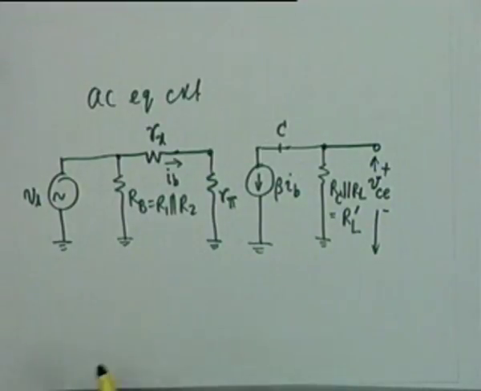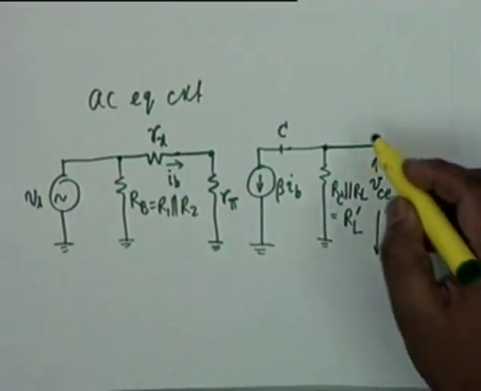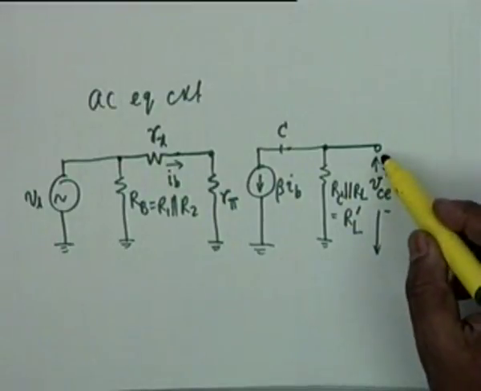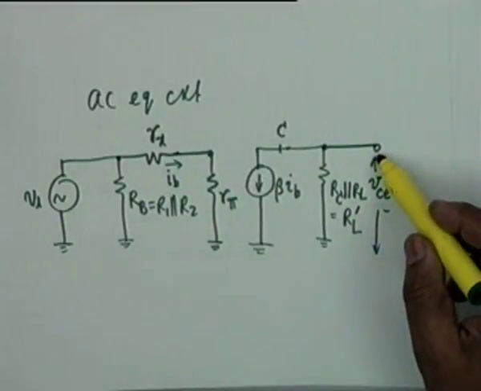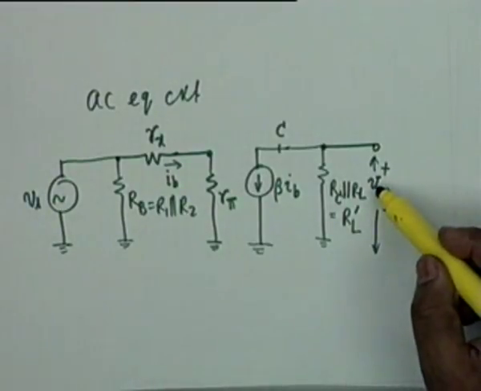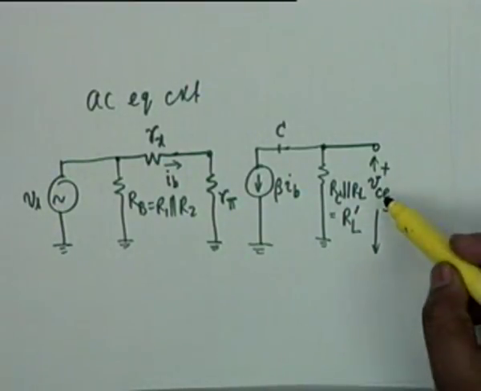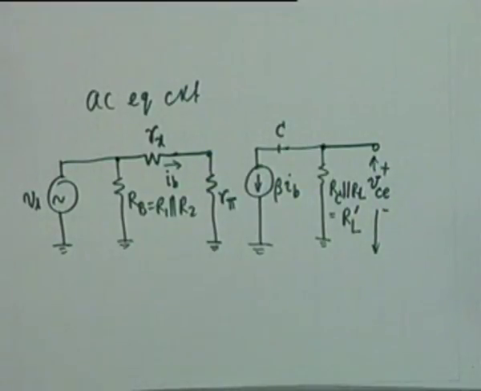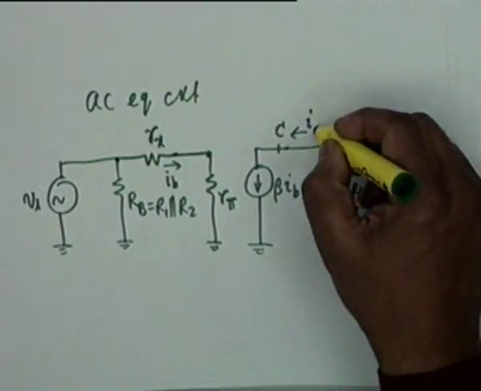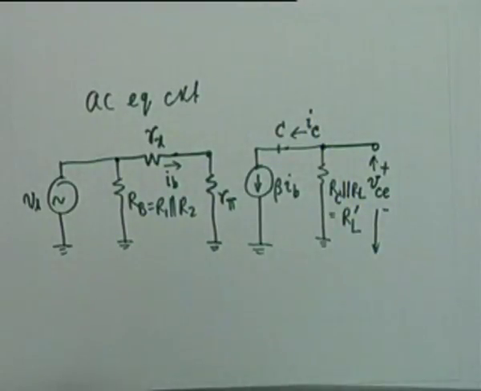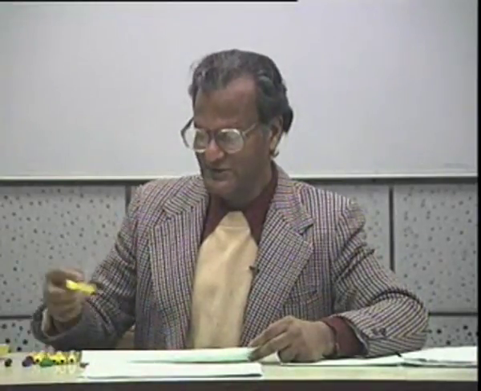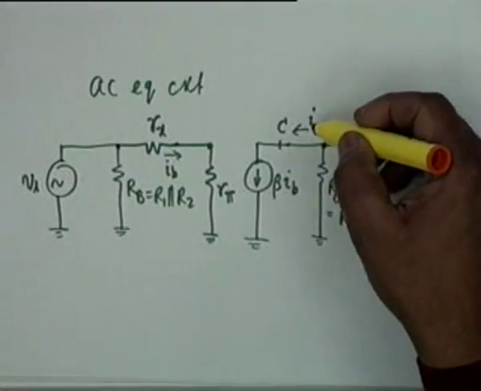Agreed? This point is the collector and the emitter has been grounded, so the output voltage is the incremental part of the collector emitter voltage. And since this is the AC voltage, we use a symbol small v, small c, small e. Agreed? And this is the AC collector current, which is small i subscript small c. Okay. What is the relationship between this voltage, this current and this voltage?